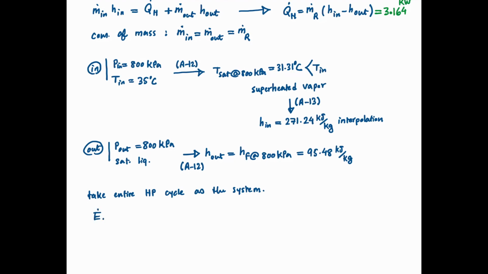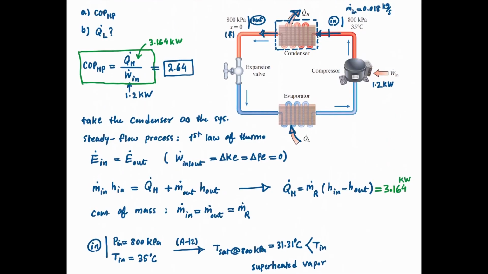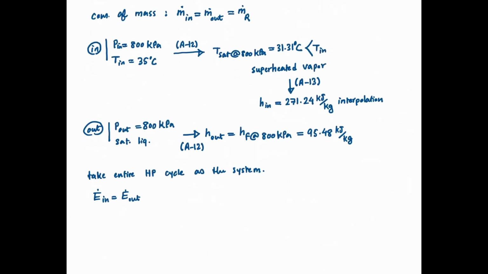E dot in is equal to E dot out. It's a closed system. So what energy gets to the system? Q dot L and W dot in enters the system, the cycle, and Q dot H leaves the system. So Q dot L plus W dot in is equal to Q dot H.